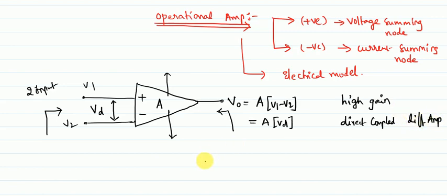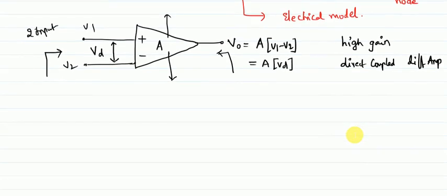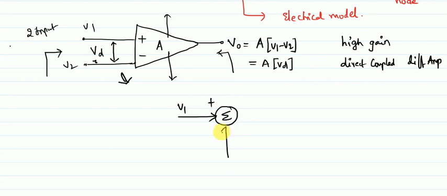Now one should know why the positive terminal is called the voltage summing node and the negative terminal is called the current summing node. Before explaining this point, let me represent the same operational amplifier in the form of a block diagram. V1 is given to a summer with a plus sign, and V2 with a minus sign.